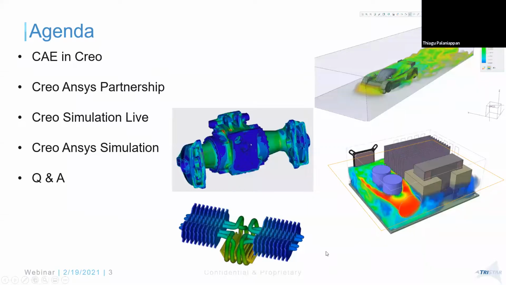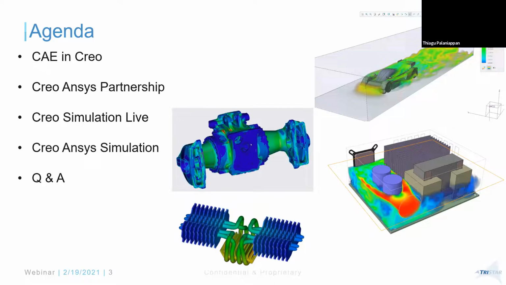Now, from an agenda standpoint, as always, I wanted to make sure that we maximize the time, and I want to show you as much as possible using the software. But some of you may or may not be familiar with PTC's new ANSYS partnership. So what I wanted to go over initially is maybe a computer-aided engineering landscape in Creo, right? What are the options there?